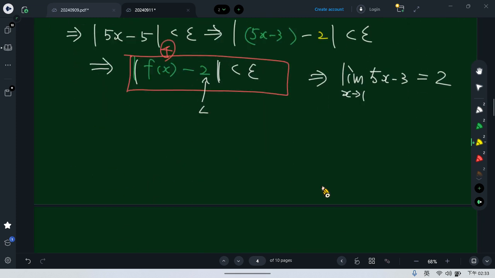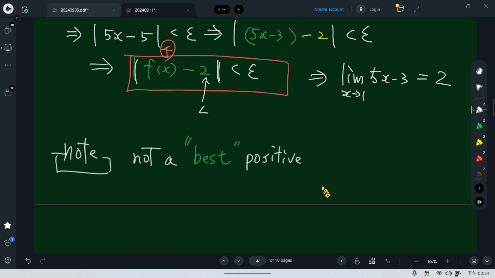Okay, so based on this idea, let me just give you a note that not a best positive delta, just one that will work.